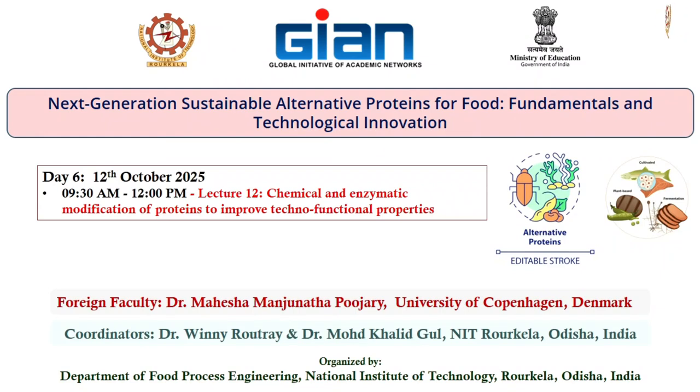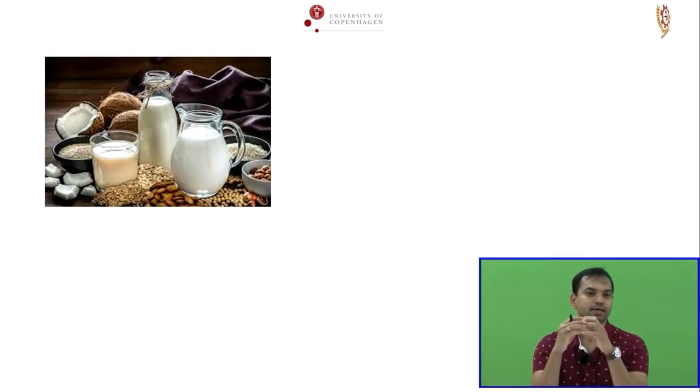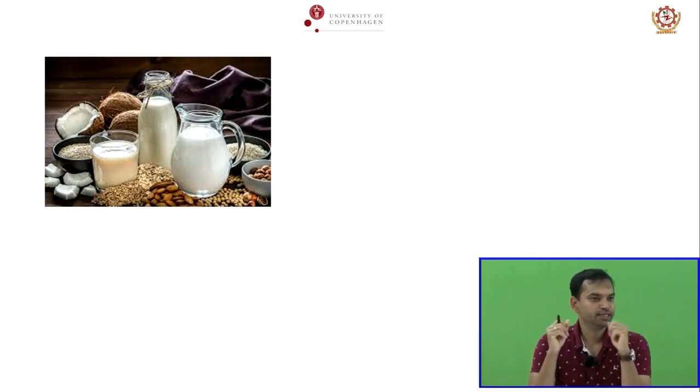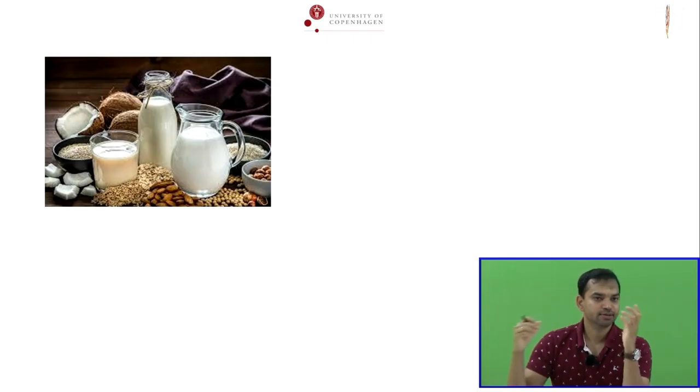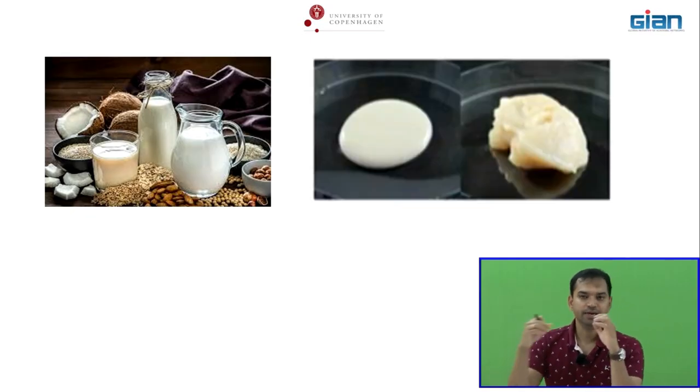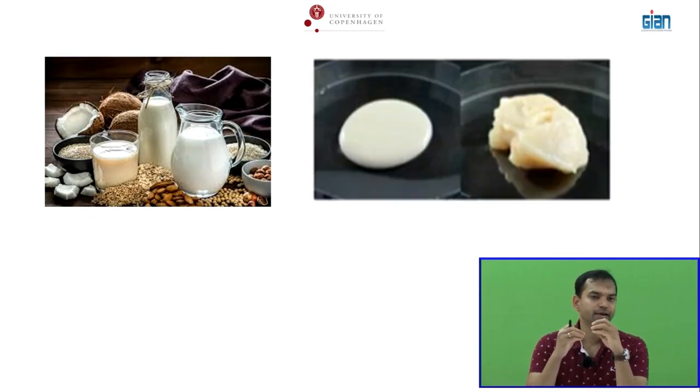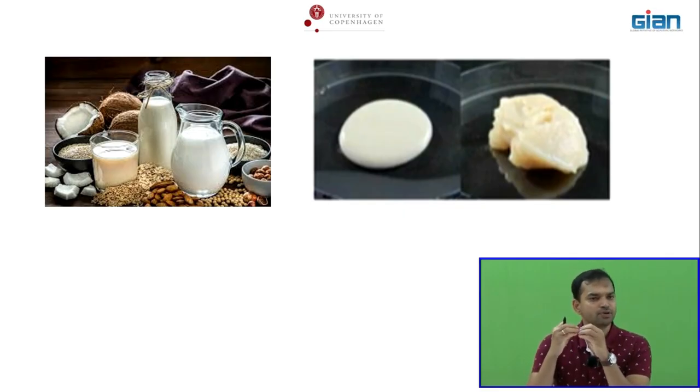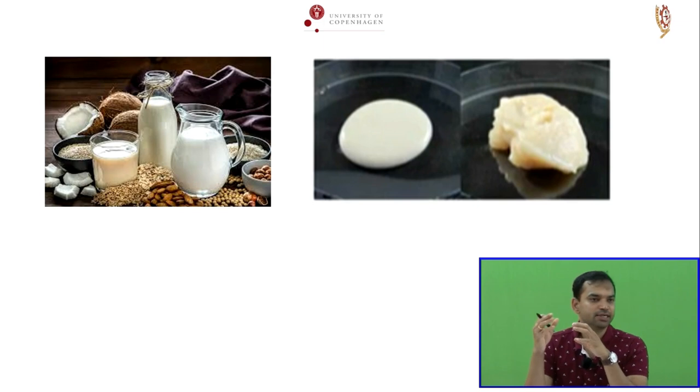So, in the first session, we're going to talk more about how we use certain treatments to improve the techno-functional properties of proteins. Food is never one type of matrix, right? Just to give a generic idea, sometimes we need a food that is colloidal, let's say milk. It should be watery. Sometimes we need something soft, like yogurt. Sometimes a food that is a little bit soft but a little bit hard, let's say chicken breast.